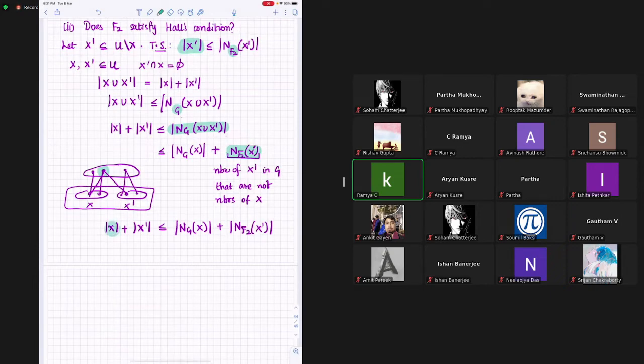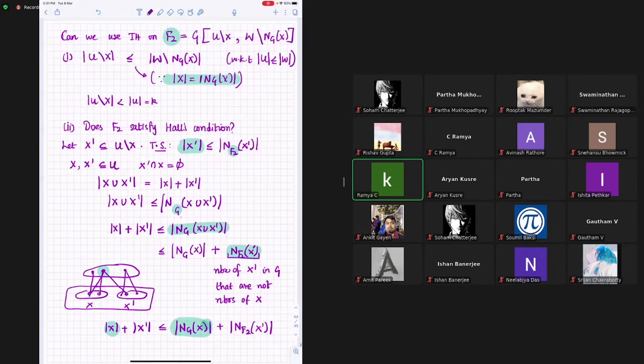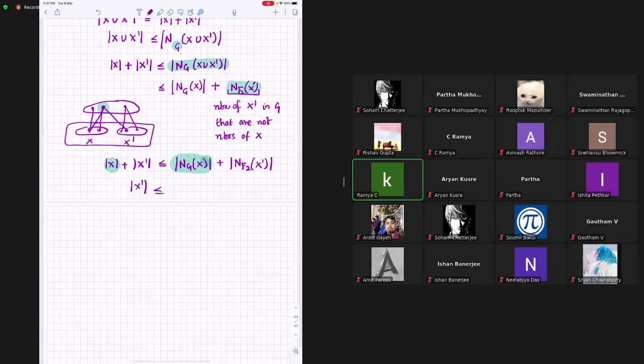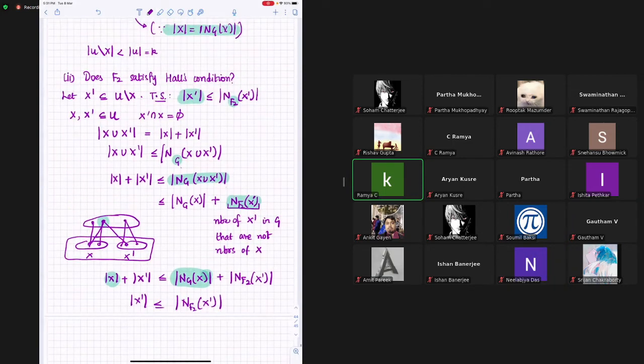And you have these two terms. Now what are these two terms? Here you know that these two terms are actually equal. So you can just set that. You get that the cardinality of X prime is less than or equal to the cardinality of the neighbors in the graph. We really did not care what set X prime you chose, right?